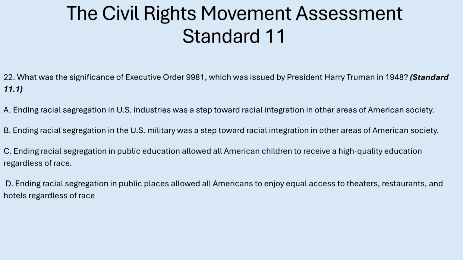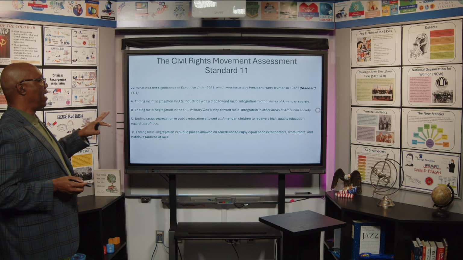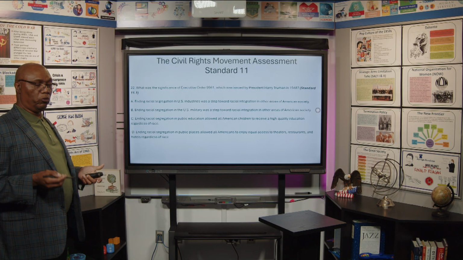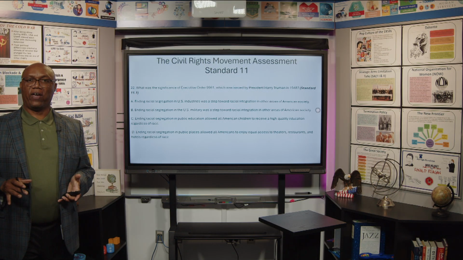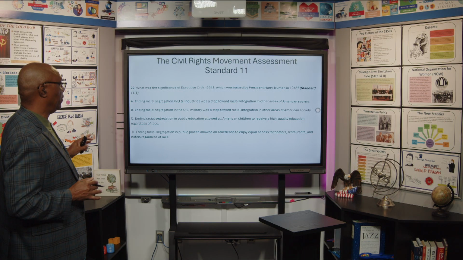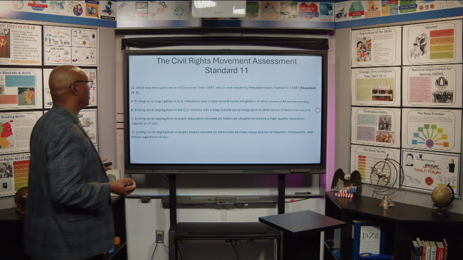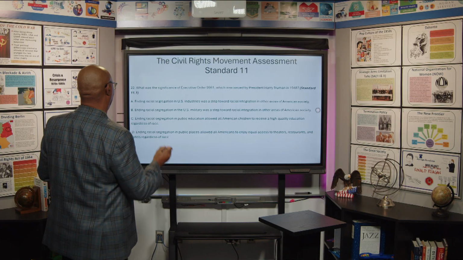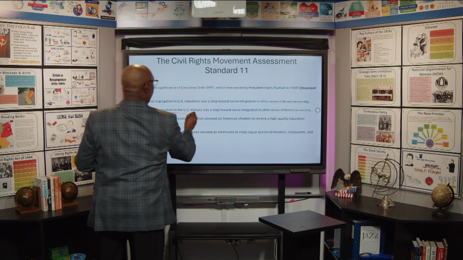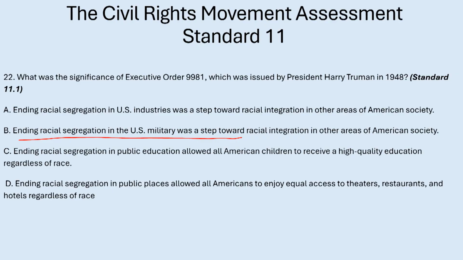Or D, ending racial segregation of public places allowed all Americans to enjoy equal access to theaters, restaurants, and hotels regardless of race. Well, Executive Order 9981, issued by Truman, is one of the things that was in your fact list, and it had to do with desegregating the military. So the best answer would be B, ending racial segregation in the military as a step toward racial integration.